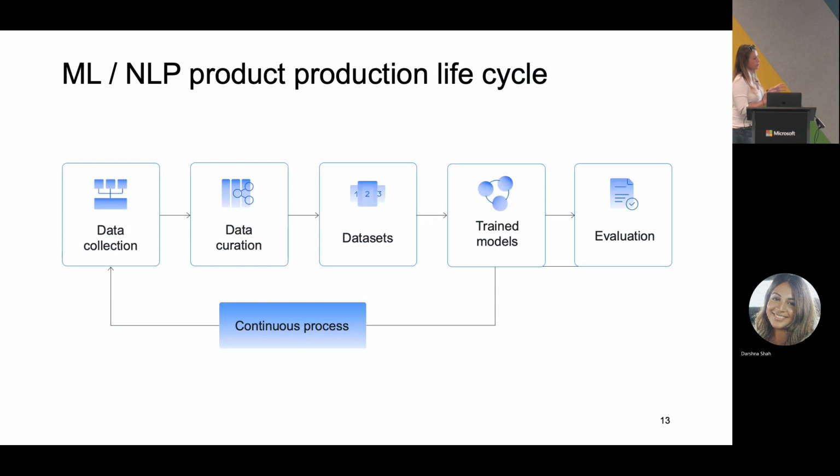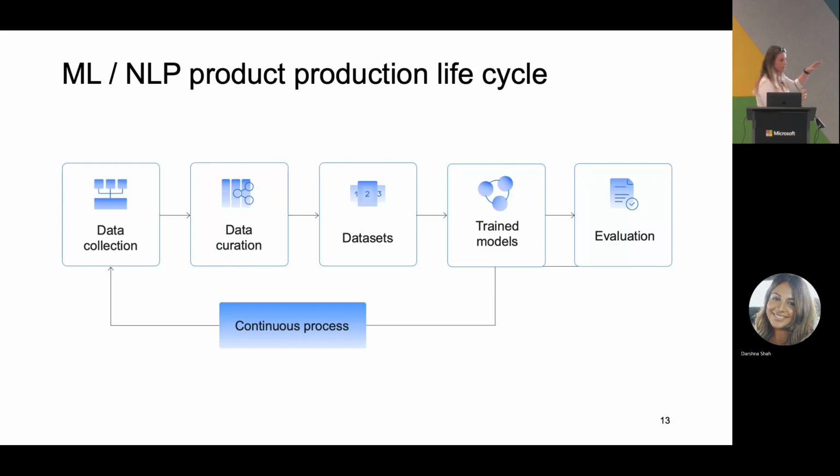So this means that a lot of NLP products are basically neural network products. So they follow a traditional machine learning life cycle. Usually people collect data at the beginning, and this is something we're going to talk about a lot today. Then there is some kind of data curation. So you might need to annotate your data more, featurize, etc. This leads you to the creation of a data set that is then used to train a model. And then we usually evaluate this model.